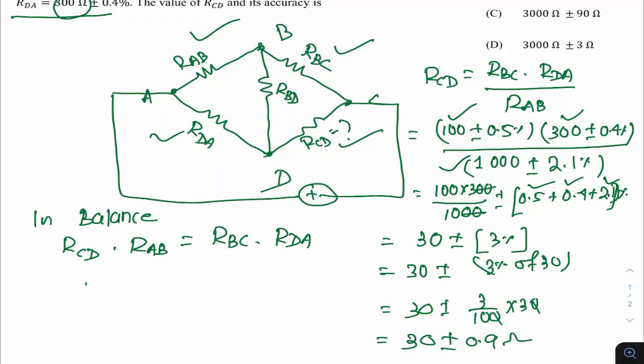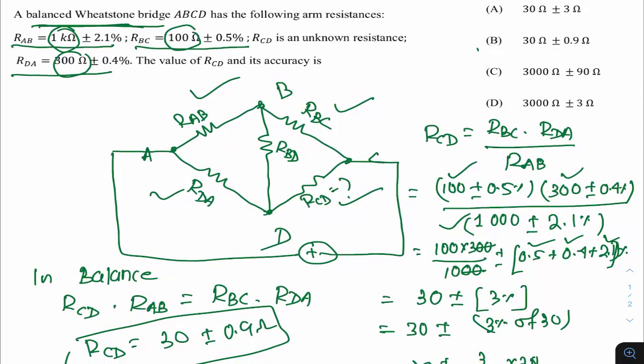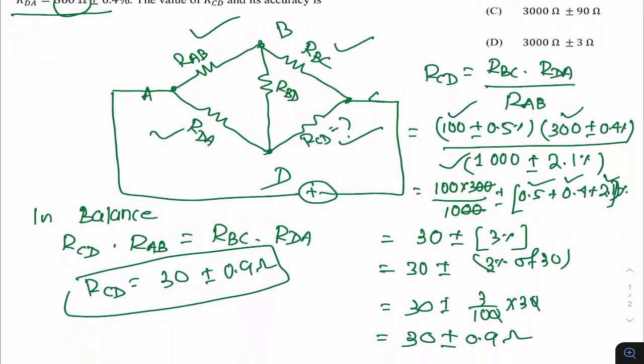So your RCD value is 30 plus or minus 0.9 ohm in absolute form. If you check, this is given in option B, and B is the right answer for this question. Very straightforward and simple question. The answer is option B in this case.